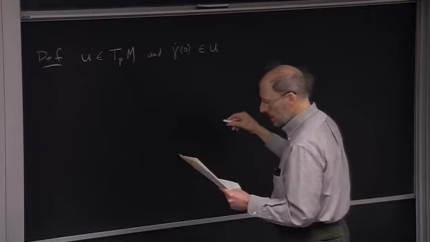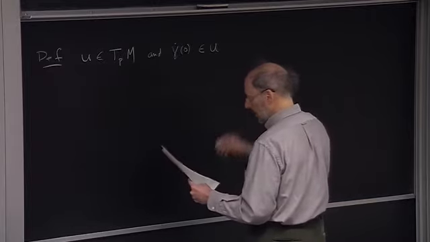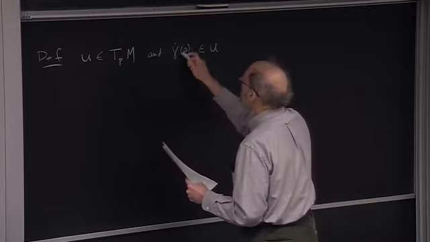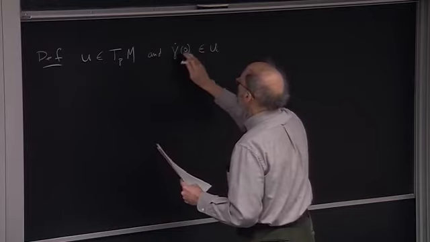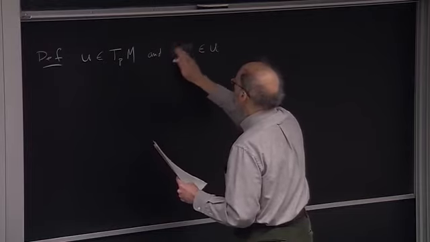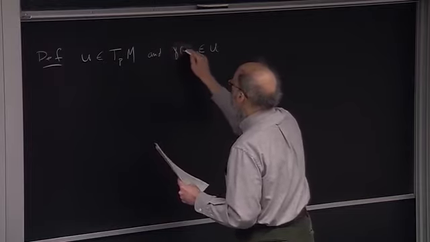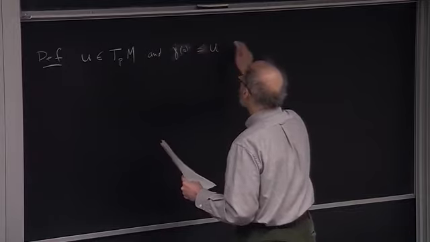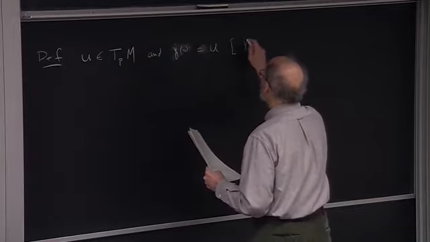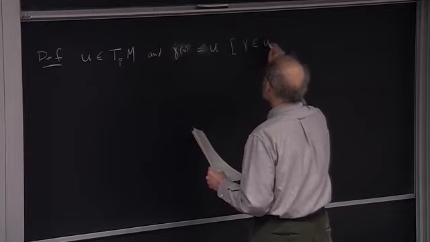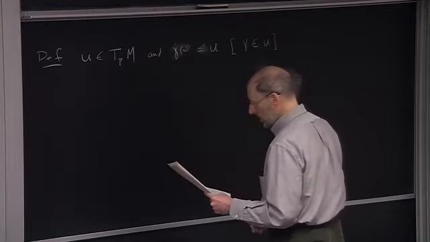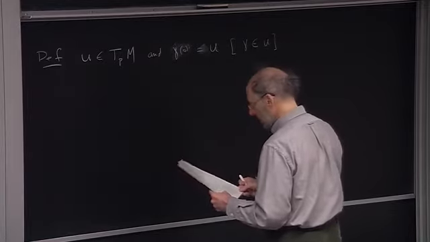Oh no, sorry, what am I saying? That's not even what I wrote here. What I really want to say is gamma dot of 0 equals U. That really means that gamma is in the equivalence class U. The notation is confusing and ambiguous, but anyway.